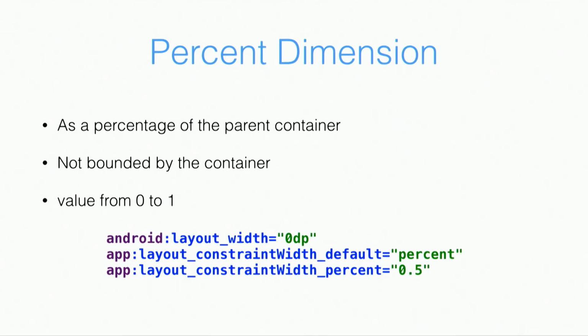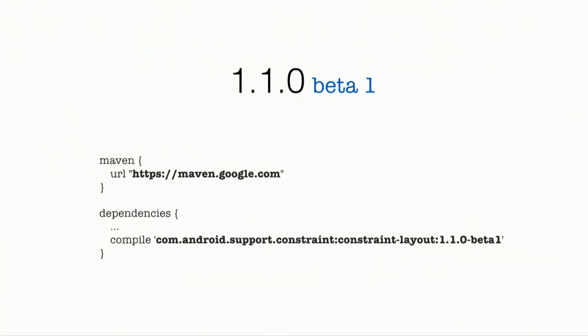If you set it as percent, you have to specify a width percent attribute, and that will just get the percentage. By default, the percentage is based on the size of the parent in that dimension. But we are thinking about extending that and having a percentage-based size that would maybe come from a different widget instead.